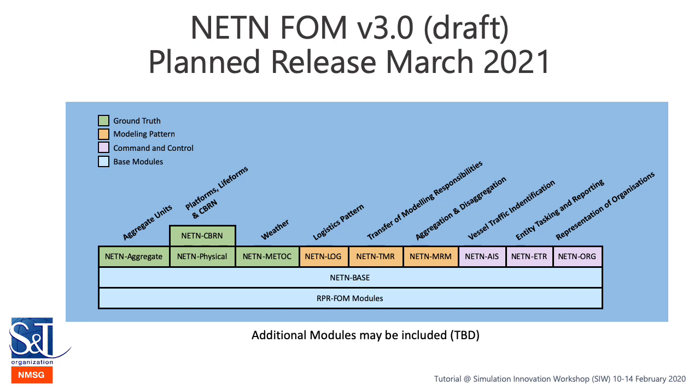We have also representation of AIS traffic, civil ship traffic, and a module for controlling tasking of CGF entities, the entity tasking and reporting, and also a separate module for representation of organizational relationships, and allocation of initial information to the simulations. So I'll go through some of these.